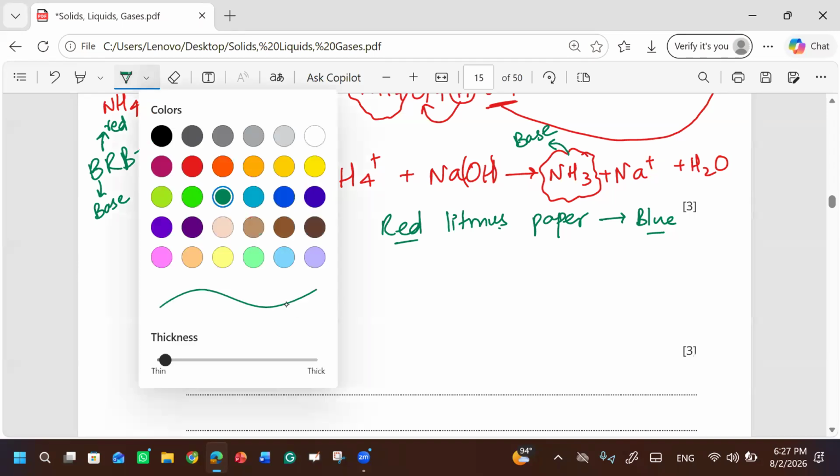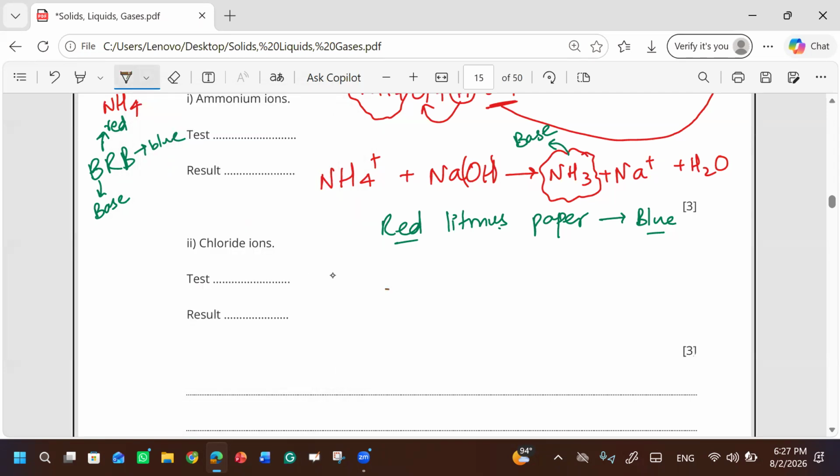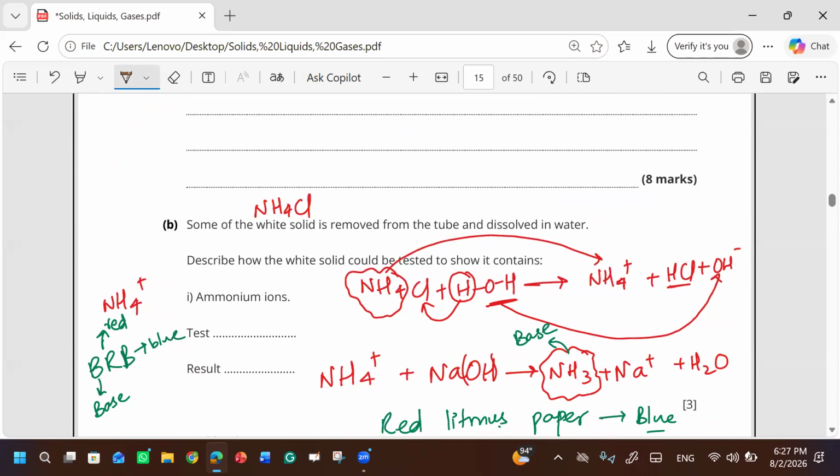You know about nitric acid? In this solution there are chloride ions. You see there is HCl. The hydrogen will go with this and form water, and you will have chloride ions in the solution.